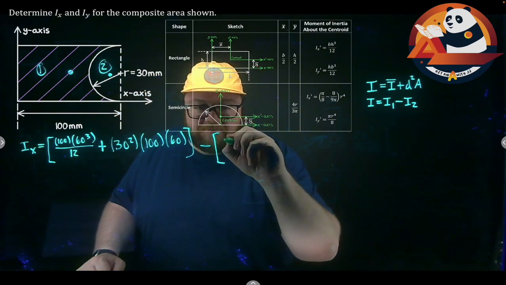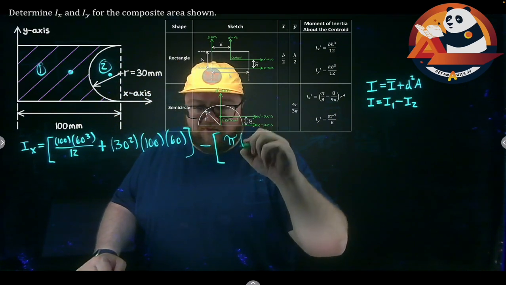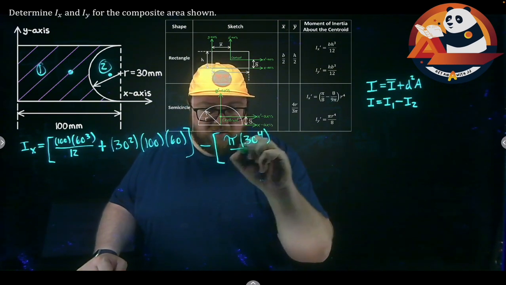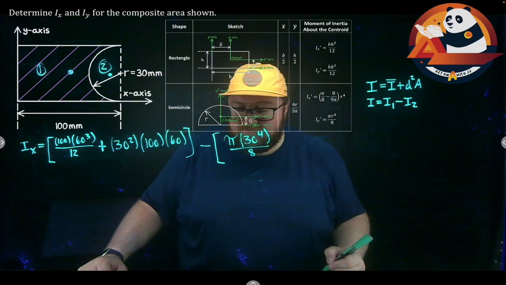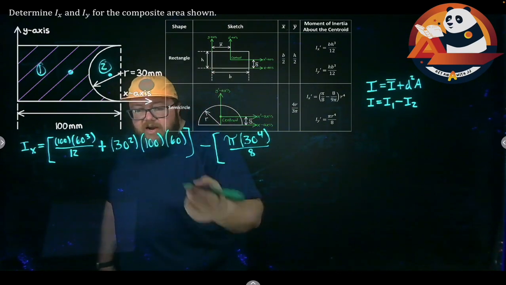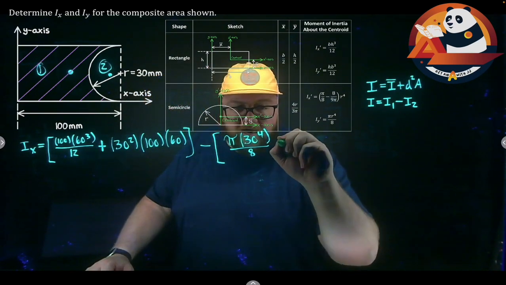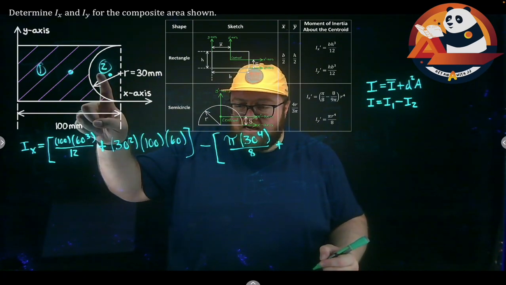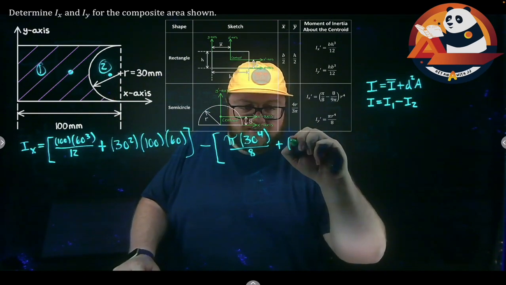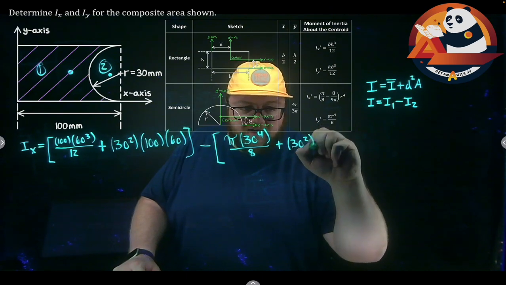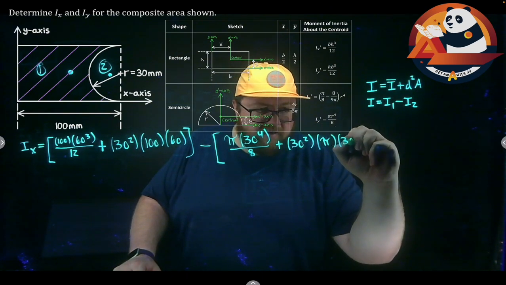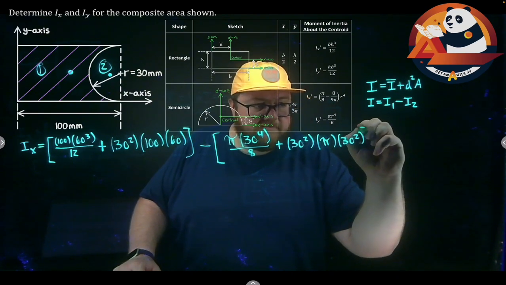So minus pi times my radius, 30, to the 4th over 8. Plus d squared A. What's my distance in the y direction from the x-axis to the centroid? That's just the radius, 30 squared, times the area, pi r squared.